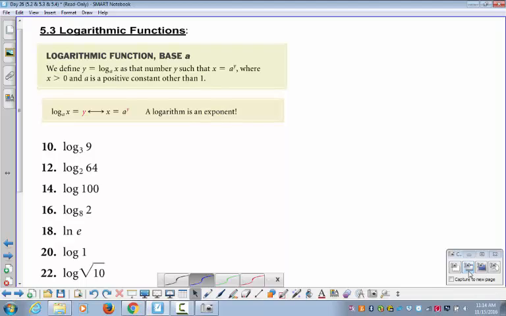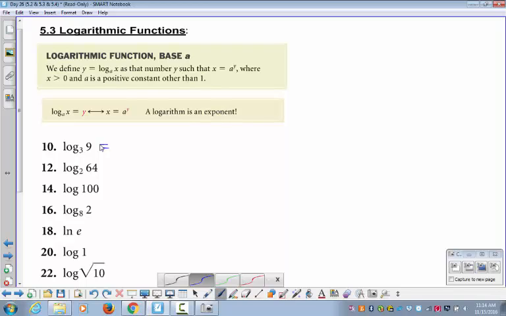So here's how we're going to convert back and forth. We use this definition to convert back and forth. If we're given a log expression, this log expression will equal the exponent on the base that gives the argument.